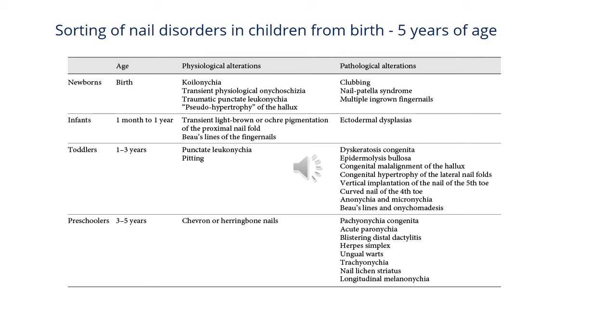Preschool age: chevron or herringbone nail, pachyonychia congenita, acute paronychia and others, called abnormalities in this age group.